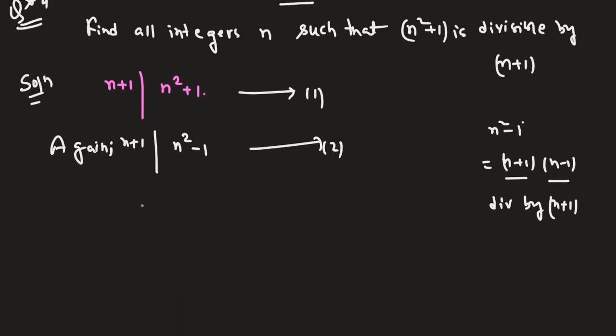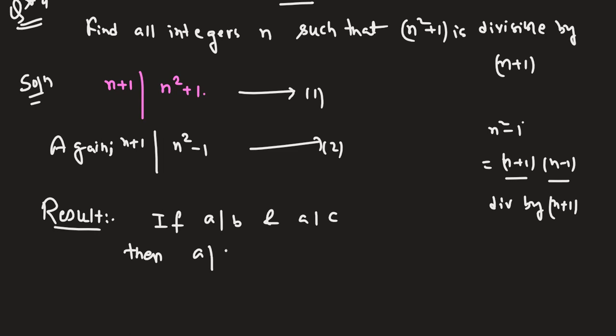Here I am going to apply one result. The result is: if A divides B and A divides C, then A divides linear combinations of B and C, Bx plus Cy, for some integers x and y.